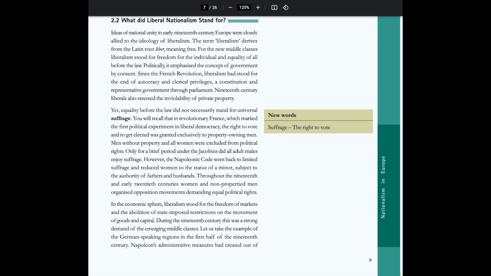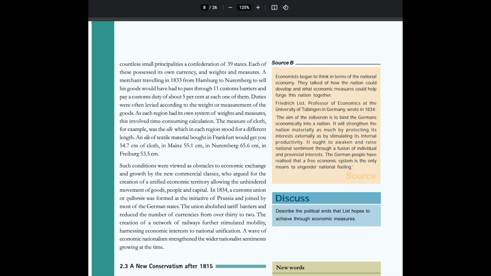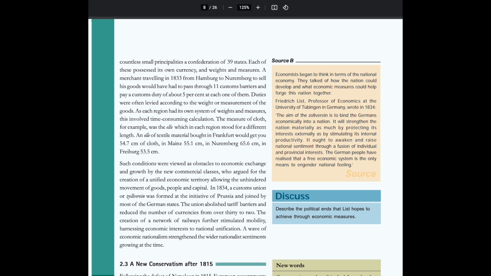Napoleon's administrative measures had created out of countless small principalities a confederation of 39 states. Each of these possessed its own currency and weights and measures. A merchant traveling in 1833 from Hamburg to Nuremberg to sell his goods would have had to pass through 11 customs barriers and pay a customs duty of about 5% at each one of them.